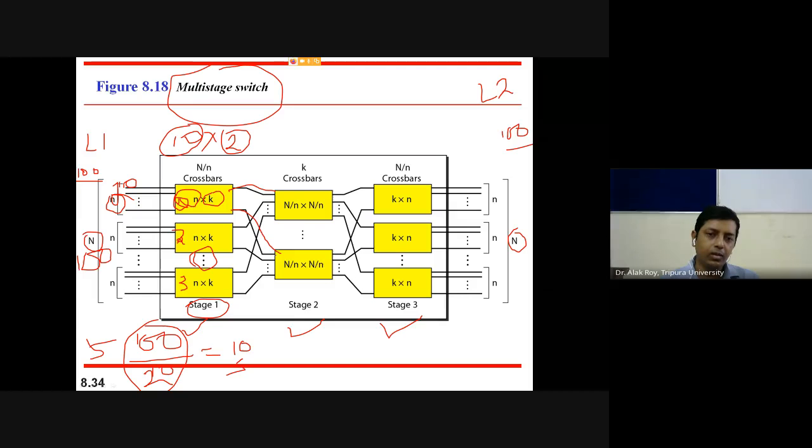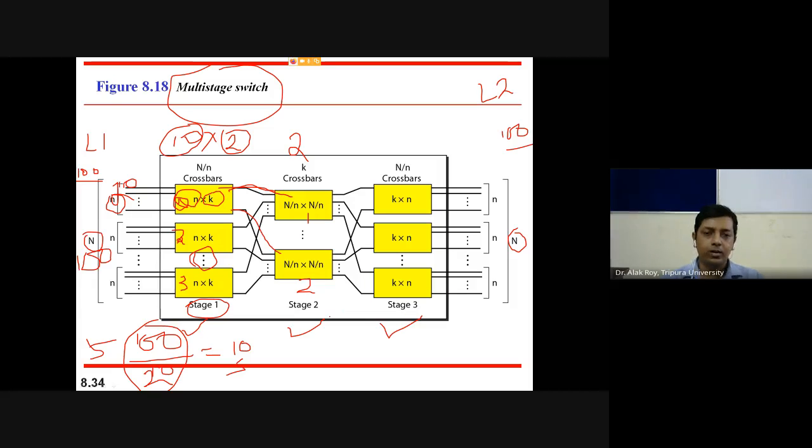Since output is 2, at stage 2 it will be 2 switches, because one input will go to crossbar switch 1 and another will go to crossbar switch 2.